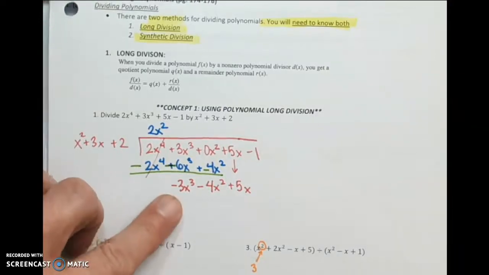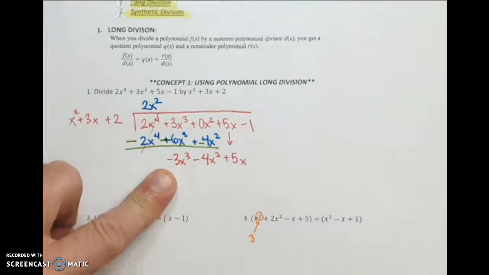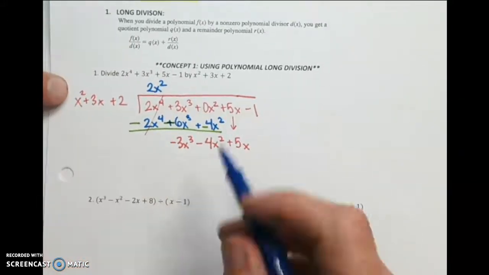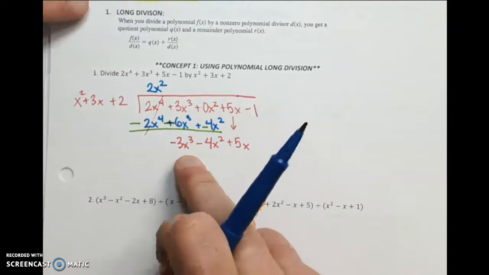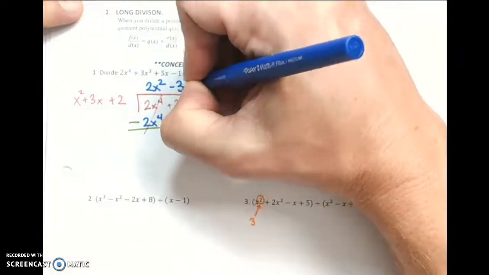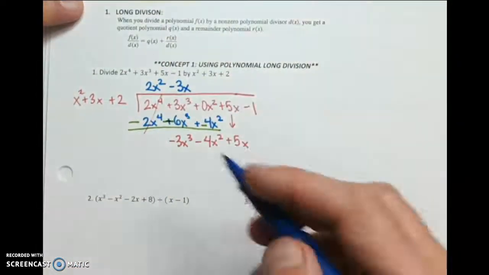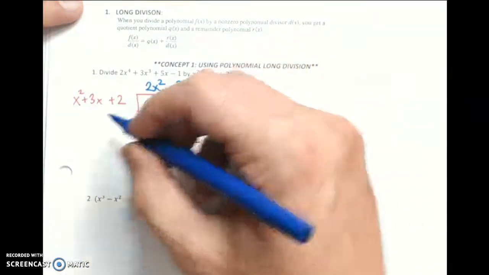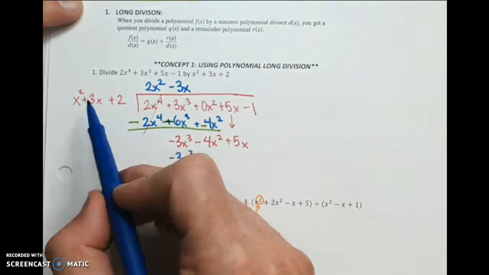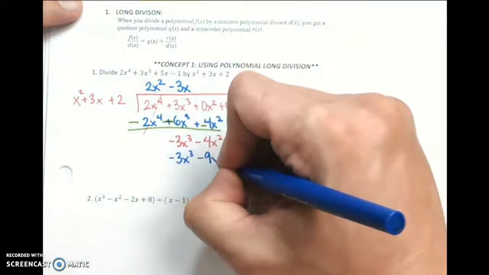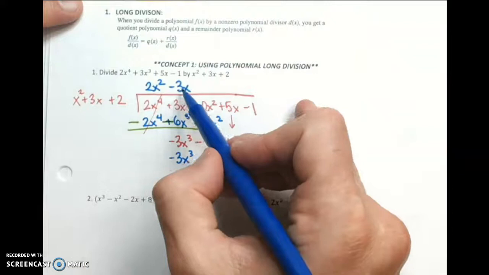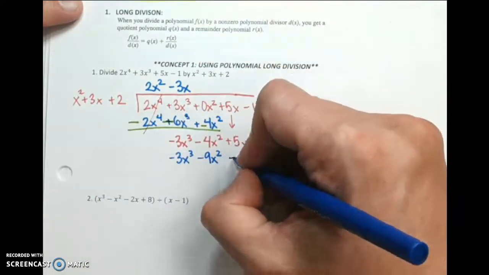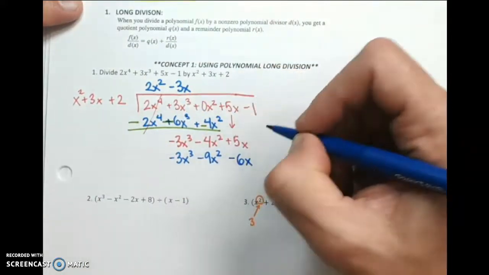Now I'm going to match that first term. What times x squared gives me negative 3x cubed? Negative 3x. That gives me negative 3x cubed. Negative 3x times 3x is negative 9x squared. Negative 3x times 2 is negative 6x.